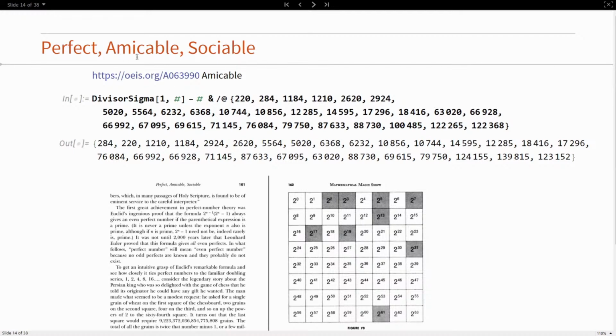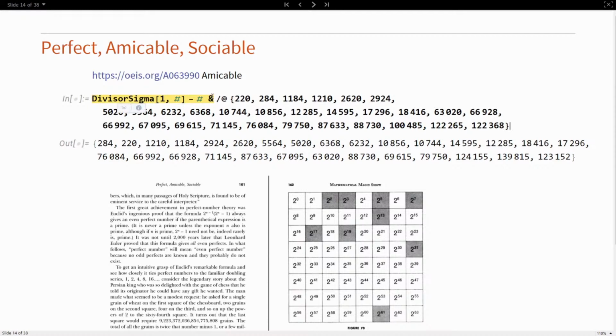For an amicable number, the sum of the divisors, not including itself, is equal to another number, and if you repeat the process on that number, you get the original number. So, for example, 220 and 284 are amicable numbers, and these are the lowest amicable numbers here.